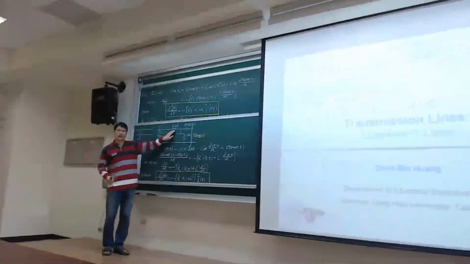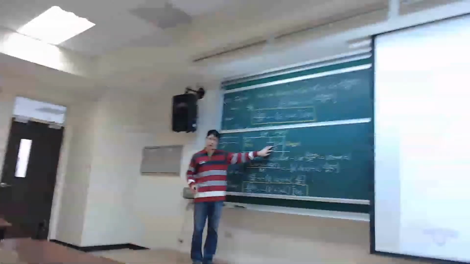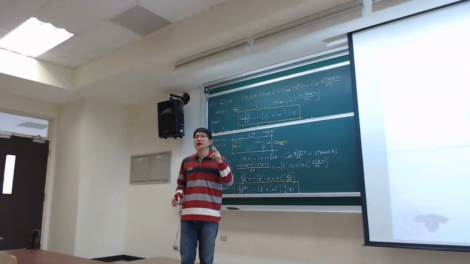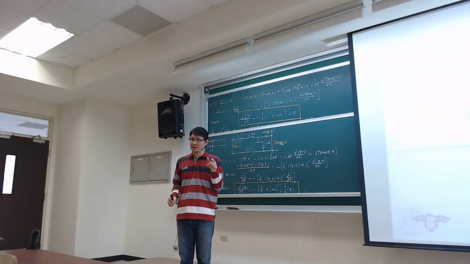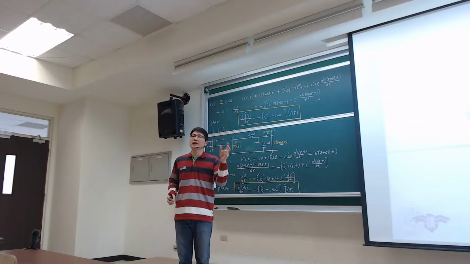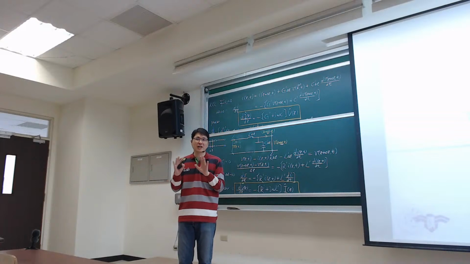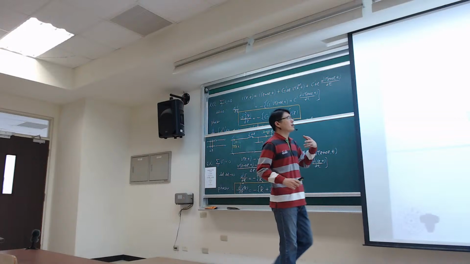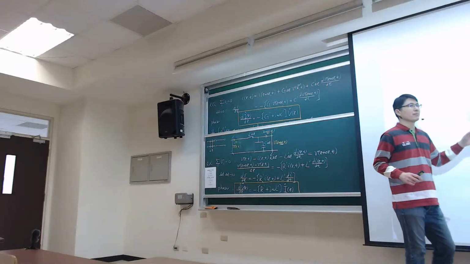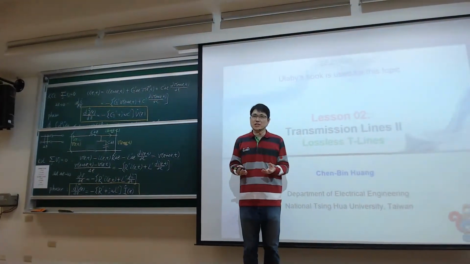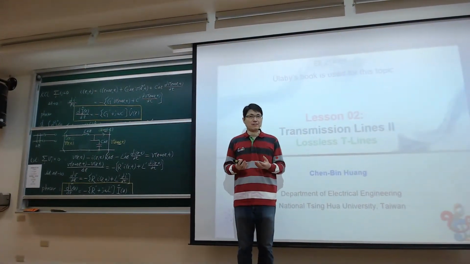I only have inductors and capacitors. Now, if you still remember, inductors and capacitors are energy storing elements. They convert energy to electrical form or magnetic form, but they don't waste energy. So by definition, if I'm now focusing on a lossless transmission line, my circuit model would only have inductors and capacitors. Which makes sense.